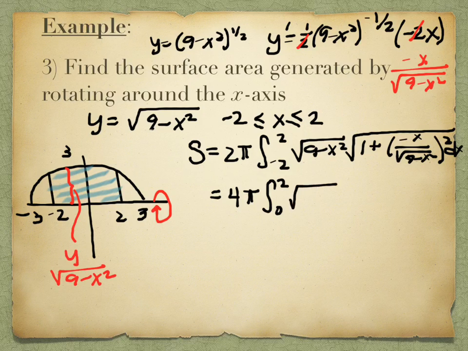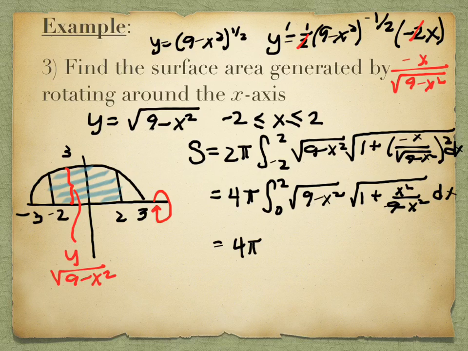Now on the equation portion, some lovely things happen right at the get-go. We've got that first square root there, and then we've got the square root of 1 plus, and when I square what's in parentheses, I get x squared over 9 minus x squared, which means I could combine that with the 1 at the very beginning of that square root.